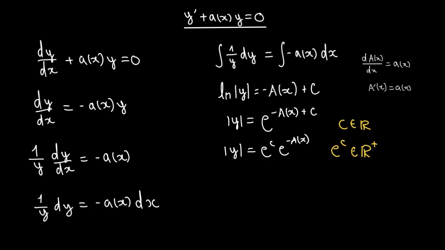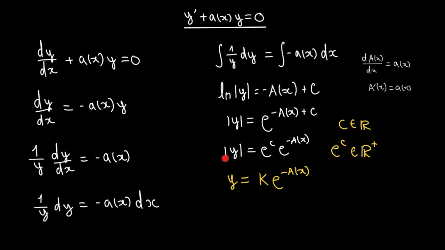But now what we have to notice is that we have the absolute value of y. So now we have that y is equal to the constant k times e to the minus capital A of x. And let me explain what I've just done here.